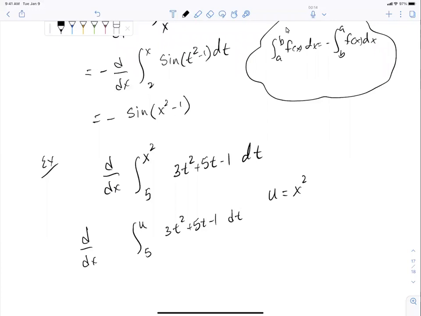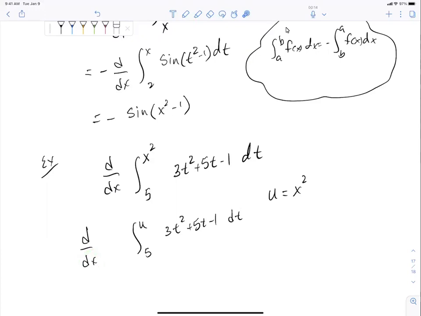The problem is that now the fundamental theorem of calculus doesn't apply. For the fundamental theorem, if the bound is u, the derivative has to be with respect to u as well. But here my derivative is with respect to x. So we're going to apply the chain rule.